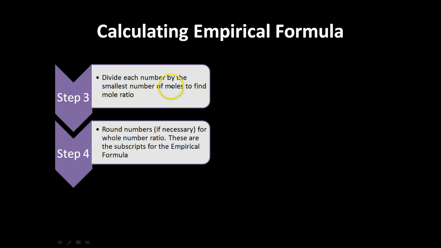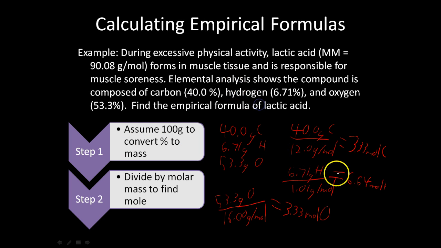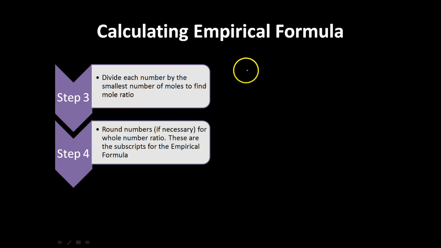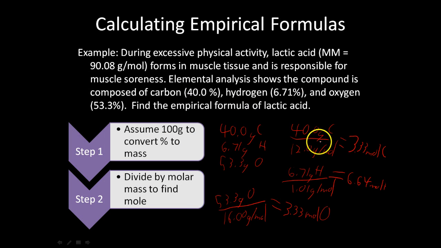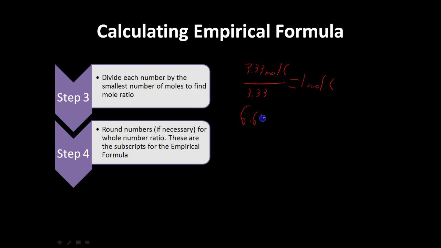Now we go on to the next step. You divide each number by the smallest number of moles to find the molar ratio. If you look back here, these are both 3.33. So 3.33 mole of carbon divided by 3.33 is equal to 1 mole of carbon. Then we do the same thing for hydrogen. It was 6.64, so 6.64 mole of hydrogen divided by 3.33.